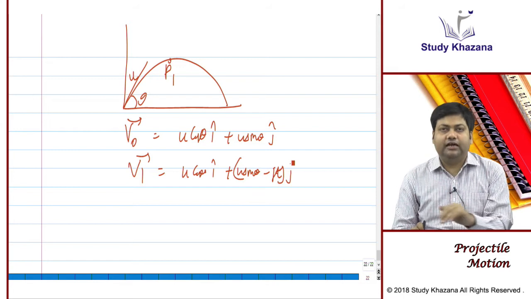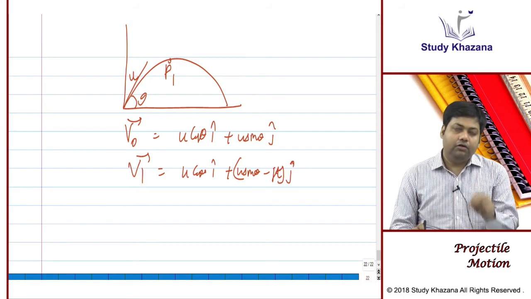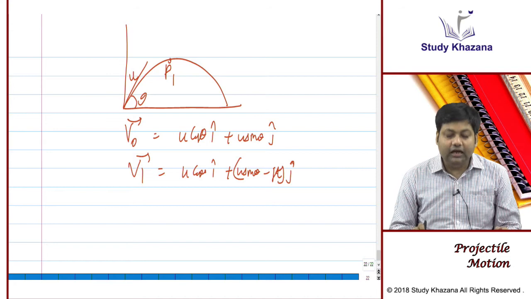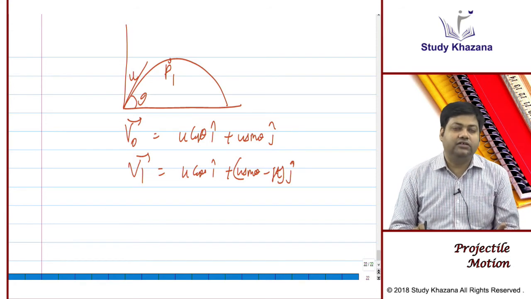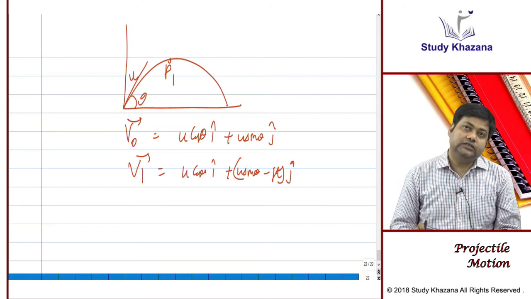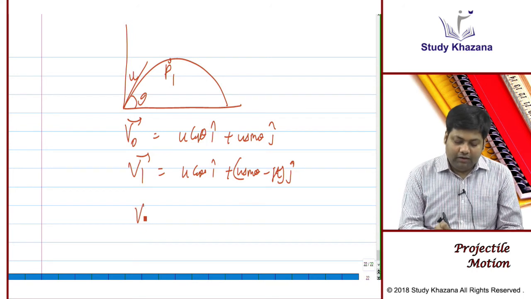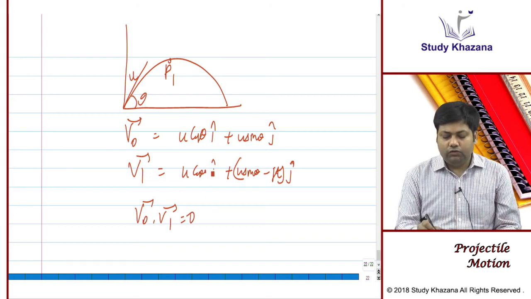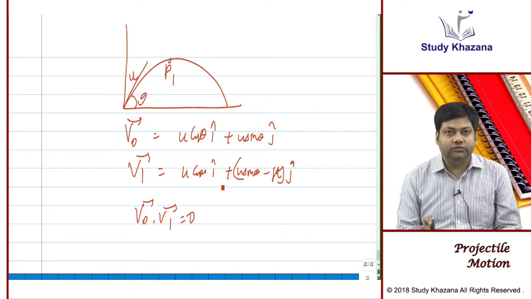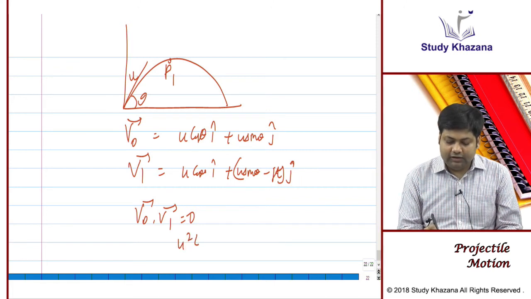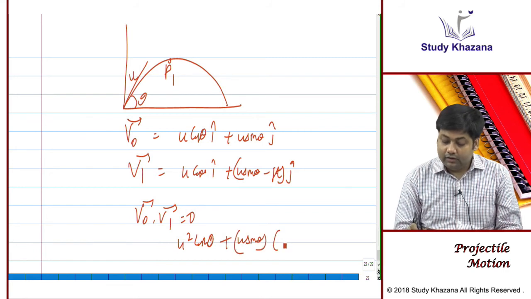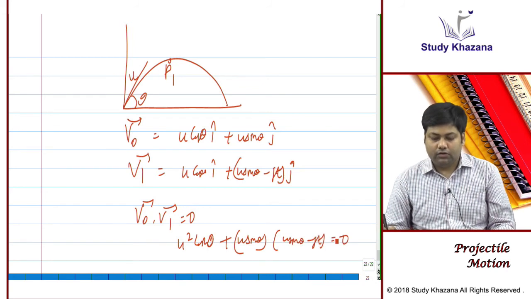Okay, so this is a very standard problem, and now we have represented it in the form of vectors. As we are aware, the dot product of two vectors is 0 if the angle between them is 90 degrees. So what we are saying is v0 dot v1 has to be 0. Now obviously we know i dot i is 1. So what it yields is u square cos square theta plus u sin theta into (u sin theta minus gt) equals 0.